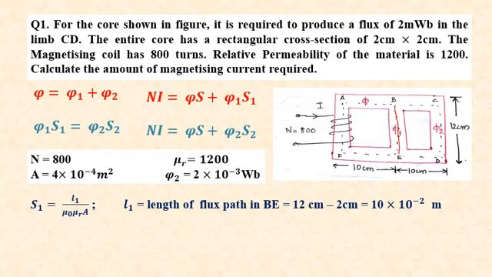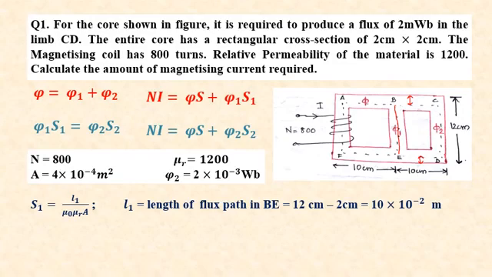But we are given 12 centimeter, which is actually from this end to this end. The flux path in BE will be 12 minus this length minus this length. That will be your length L1. So from 12 centimeter we need to subtract these two small distances.